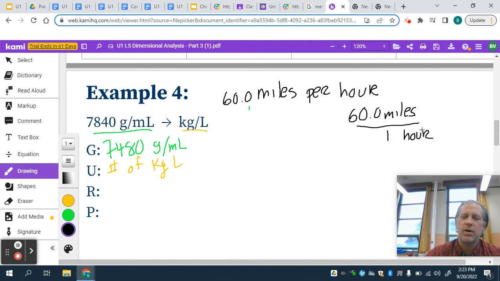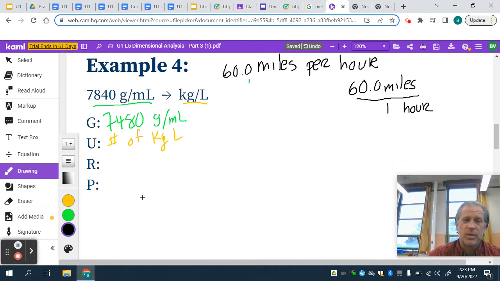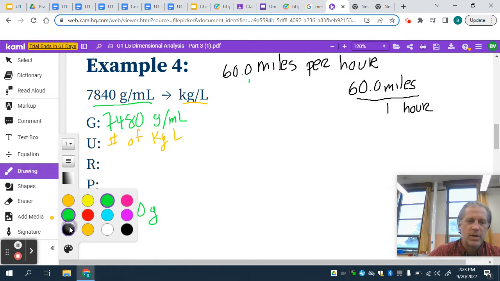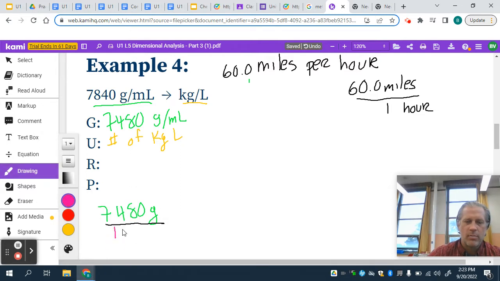And so that's what we talk about when we mean a derived unit. So grams per milliliter is really going to be, in this instance, 7,480 grams, and that's going to be dissolved in 1 milliliter. So that's what this relationship tells me.